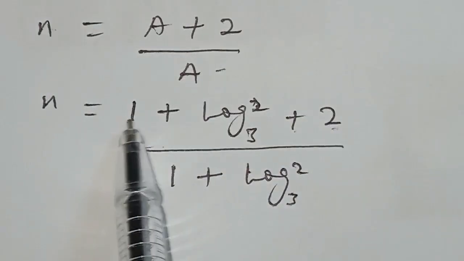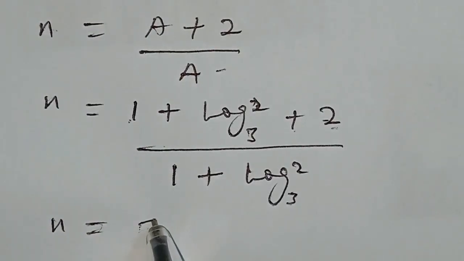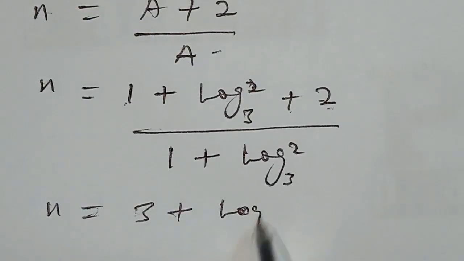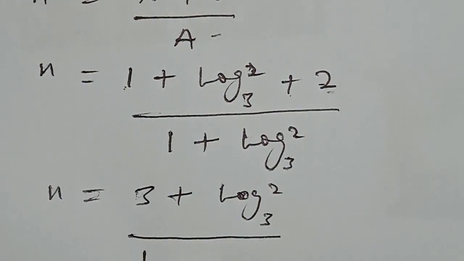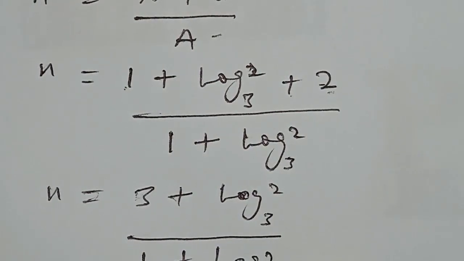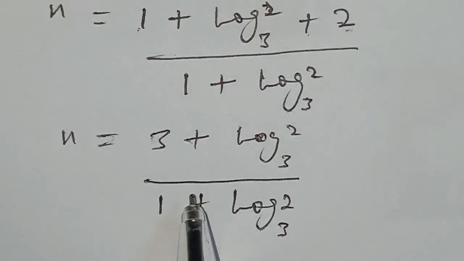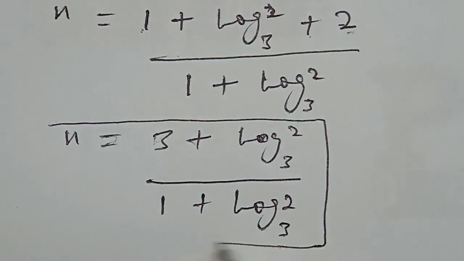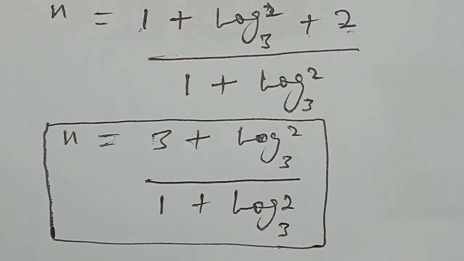So if we add 1 plus 2, we have n equal to (3 plus log 2 base 3) over (1 plus log 2 base 3). This is the single fraction form of n, which proves the algebraic variant is also equal to the single fraction form.